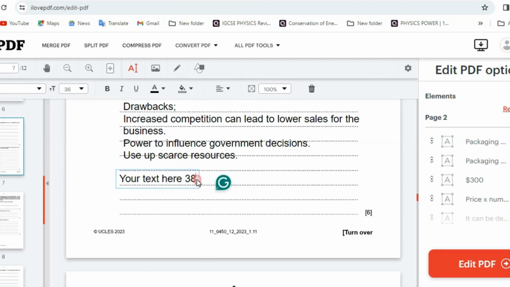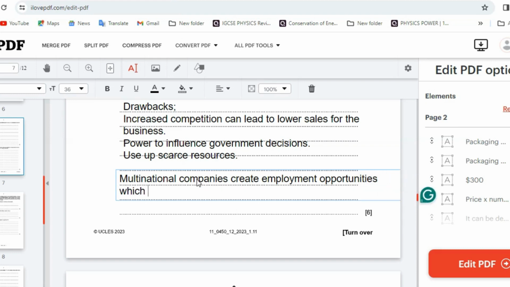Out of the benefits, multinational companies, their first benefit is that they create employment opportunities, which reduces unemployment rate.